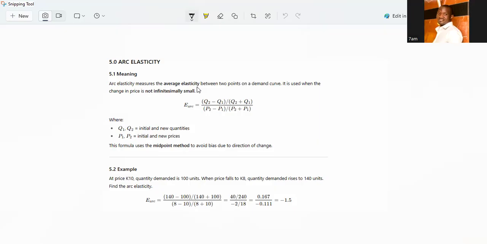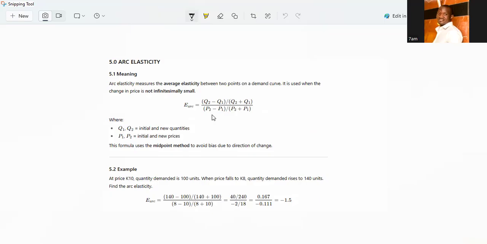So it is used when the change in price is not infinitely small. It's given by Q2 minus Q1 over Q2 plus Q1 divided by 2. Or you can leave the 2 throughout, because the 2 counts.